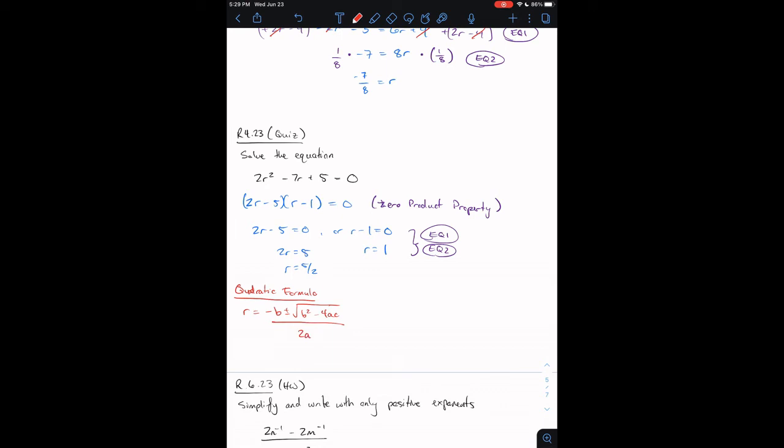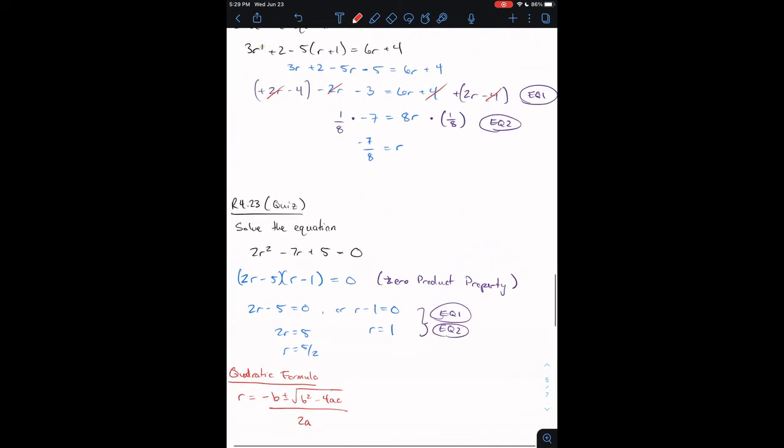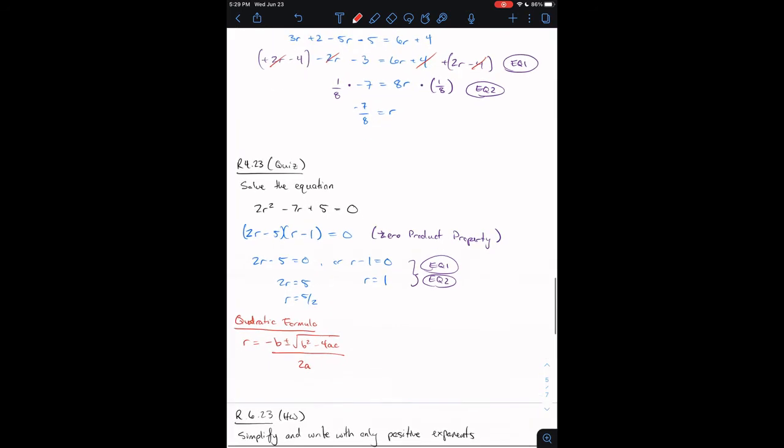Right? So this should give us what we want, is 1 or 5 halves. And here, the reason I wrote this in red is we have our a here, b here, c here. So I'll write it right down here. a equals 2, b equals -7, and c equals 5.